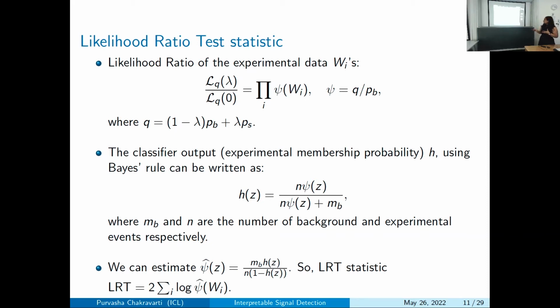So this is simply a use of Bayes rule, where you can write it as a function of Q over PB, and then you can find Q over PB as a function of the classifier. And so just using the classifier, you can estimate the likelihood ratio test statistic. Any questions here? I'll pause for a minute. You need a probabilistic classifier, yes.